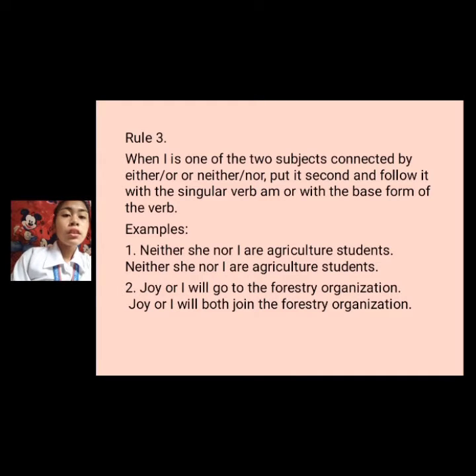Example: neither she nor I am an agriculture student. Second example: Joy or I will go to the forestry organization.